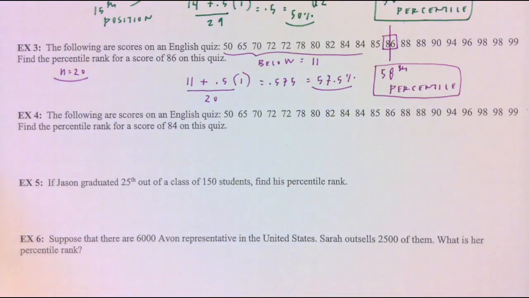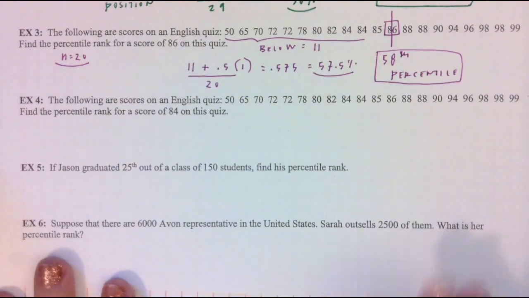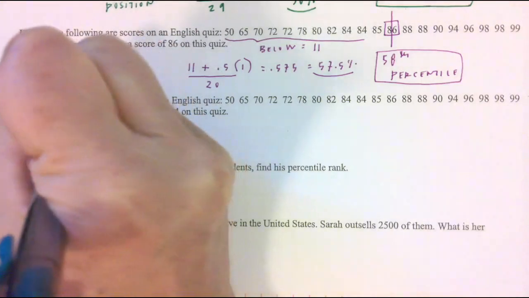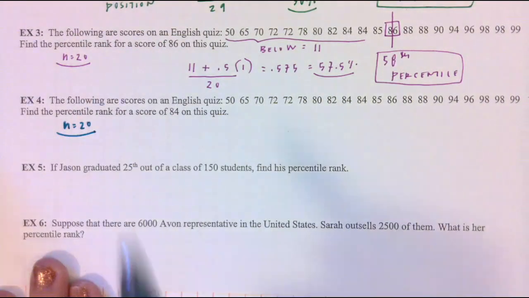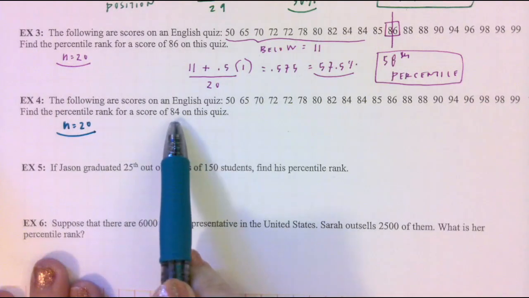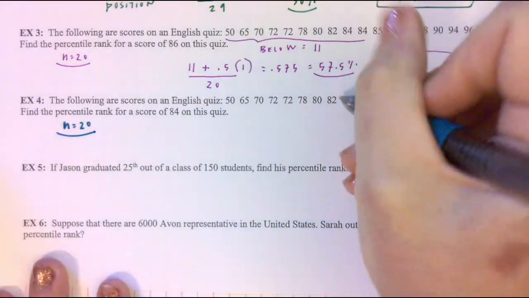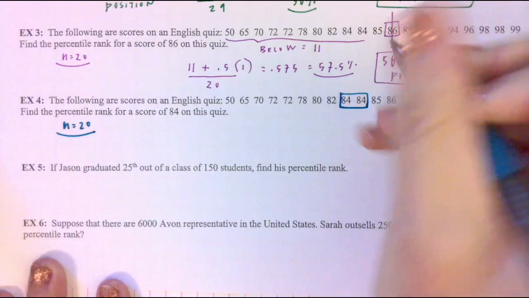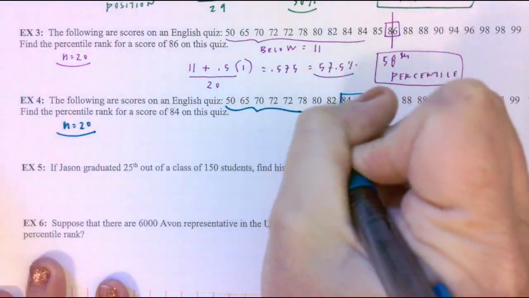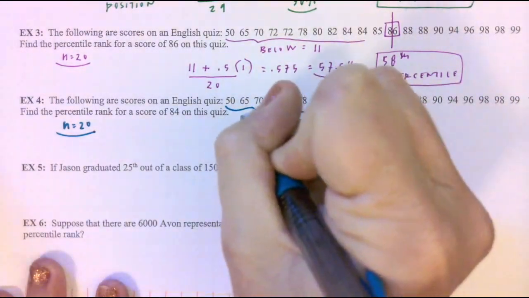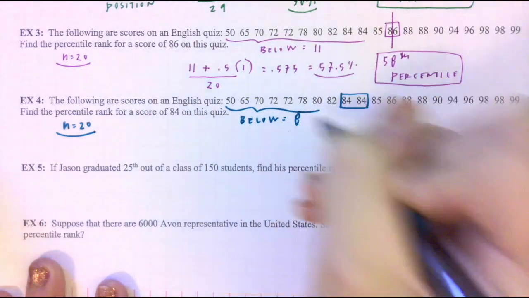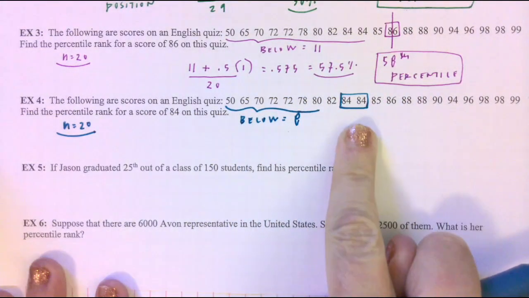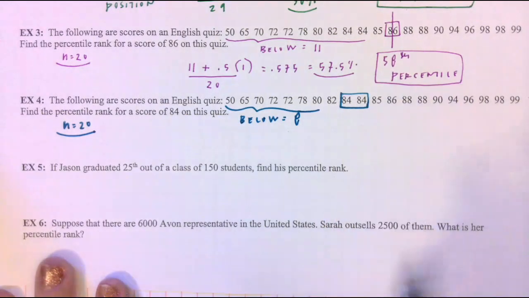Okay, and the next one here, same idea, same set of data actually, same English quiz, 20 students. Now I'm saying, how about if the score was an 84? Now I have multiple 84s right here. So I still need the amount that fall below the 84. If I count those up quickly, there's 8 scores that are below the 84. There's 2 scores that are 84.